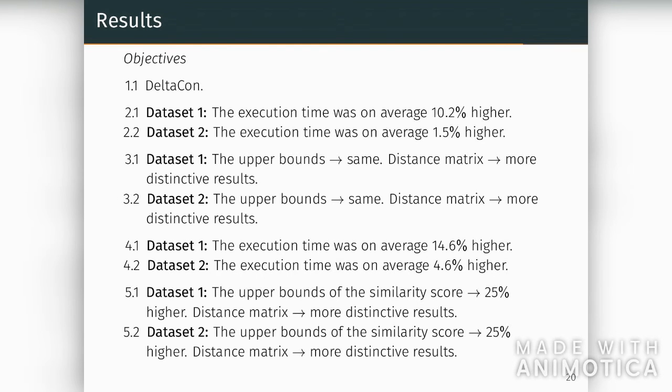Back to the objectives, DeltaCon was indeed the winner in terms of speed. We can observe that NetSimile++ had a time penalty in every possible case, as expected, but the results were more distinctive on all of the possible datasets.